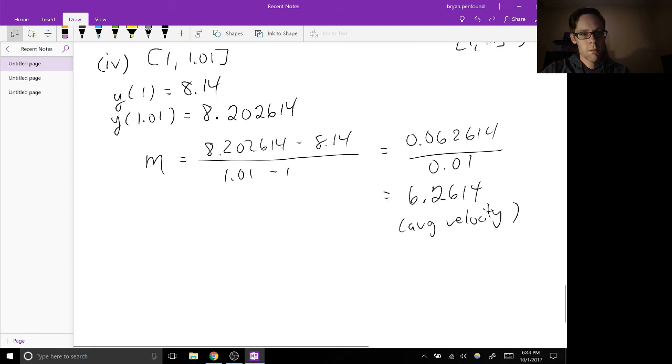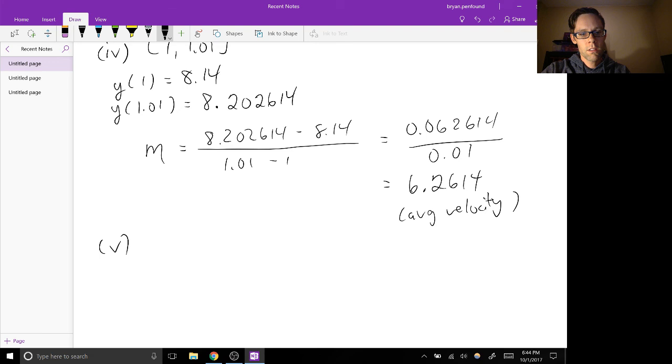So maybe let's do part 5 as well. This is the interval 1 and 1.001. Hopefully we'll get an idea of what the instantaneous velocity, or the slope of our tangent line, is going to be.